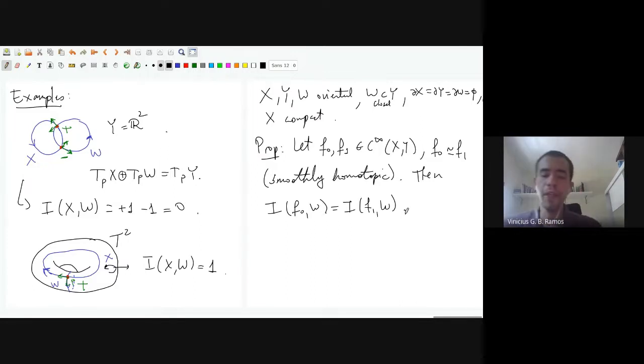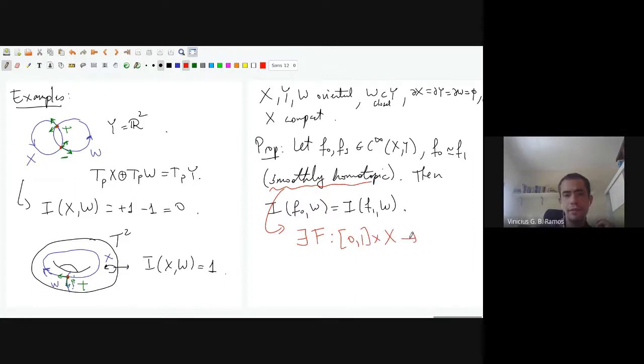Oh, I forgot to say that they are both transverse. So they're smoothly homotopic, and f0 is transverse to w, and f1 is transverse to w. Then we have this property.